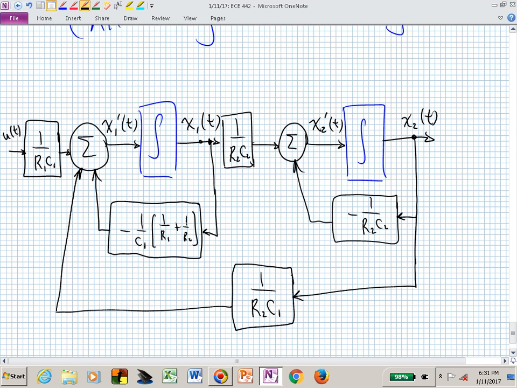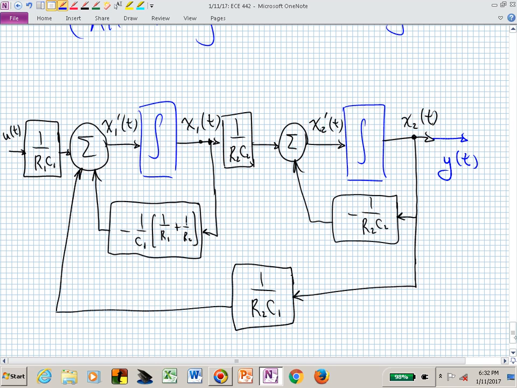Our output was actually x sub 2, which says then that we could call this signal y of t. Meaning, if you wanted to solve that coupled set of differential equations, you could build this analog computer, inject the input u, and out pops your solution, x1 of t and x sub 2 of t, because you've interconnected it appropriately.